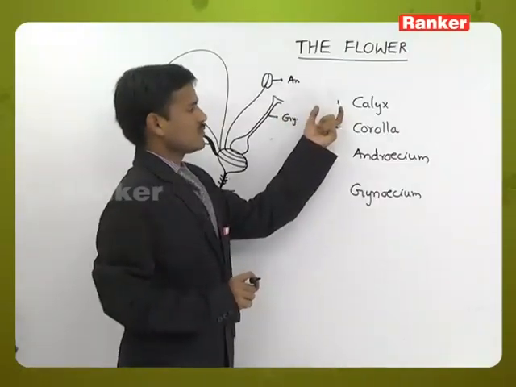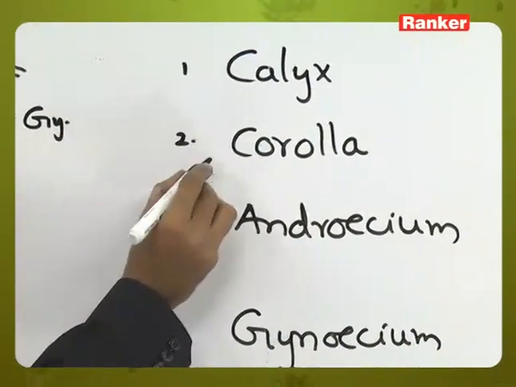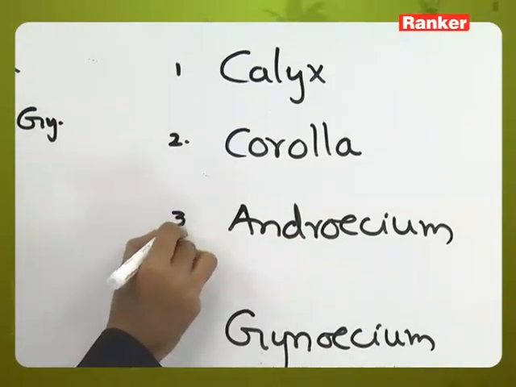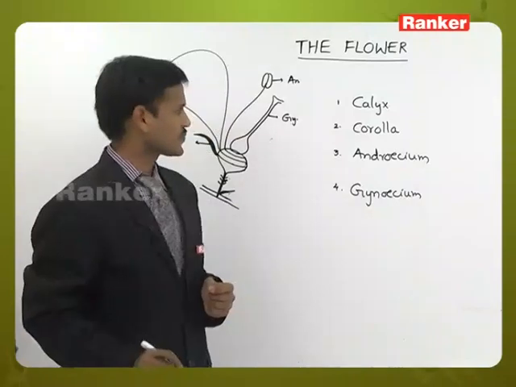First node floral leaves together are called as calyx, second node floral leaves together are called as corolla, the third part is androecium, the fourth one is gynoecium.